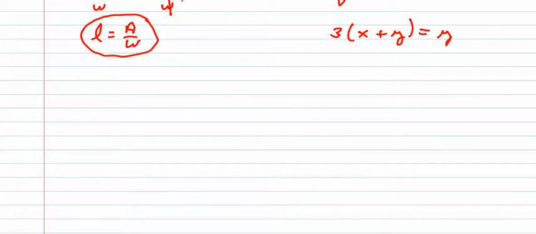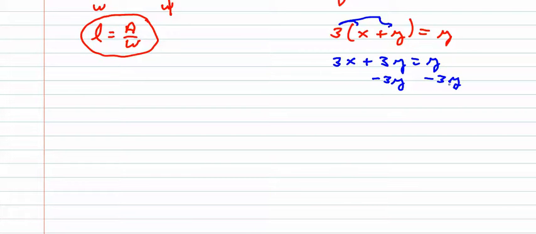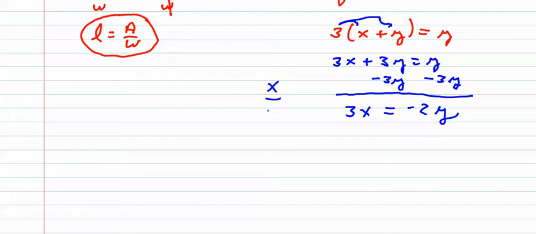I'm going to start by distributing the 3: 3x plus 3y equals y. Combine my like terms. I have y's on both sides, and I get 3x equals negative 2y. Now I need to think about what I want.